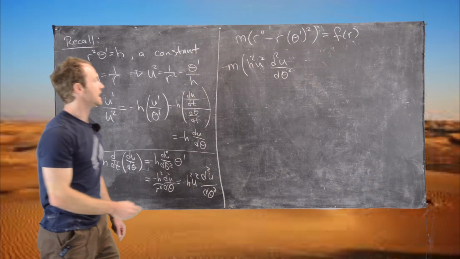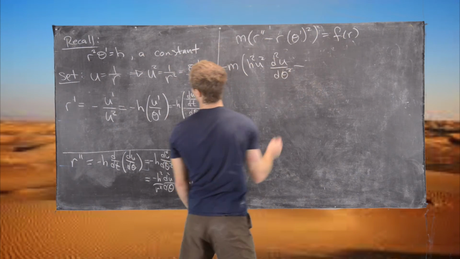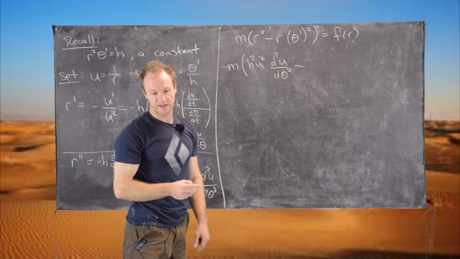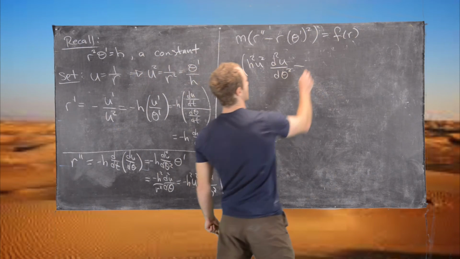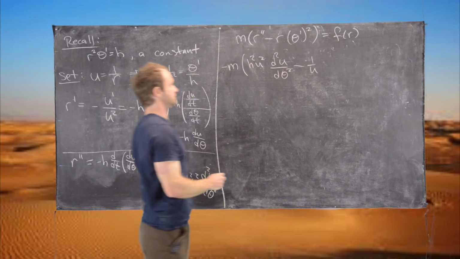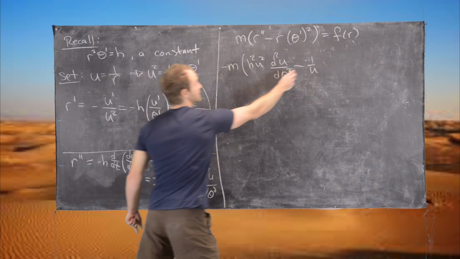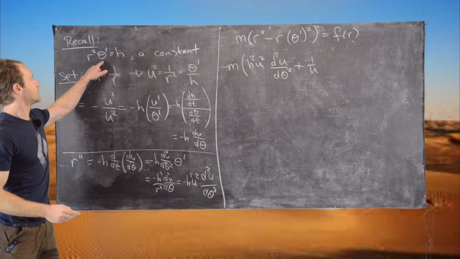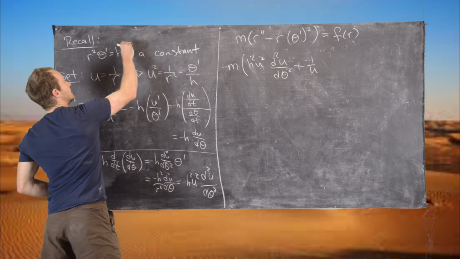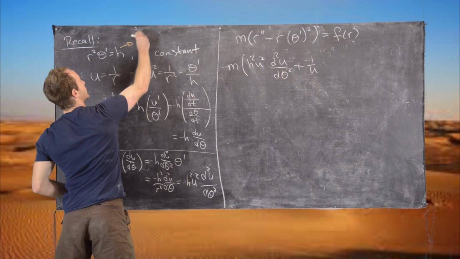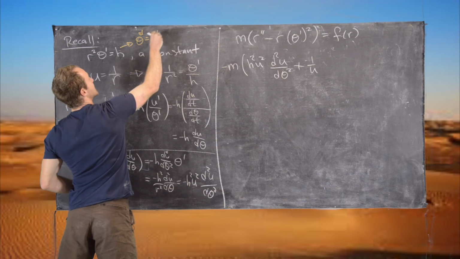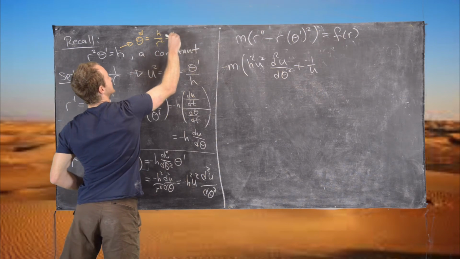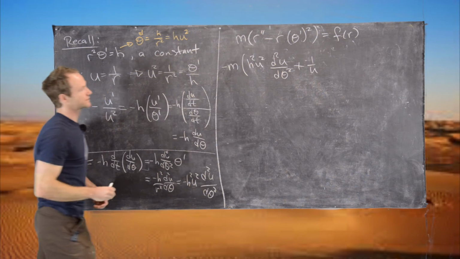Okay, good. And now we have this minus r, and so instead of r, we'll write this as 1 over u. Good. And then, sorry, this should be a plus because we factored a minus out. And now we have theta prime. So now notice that this tells us that theta prime equals h over r squared, which equals h times u squared.